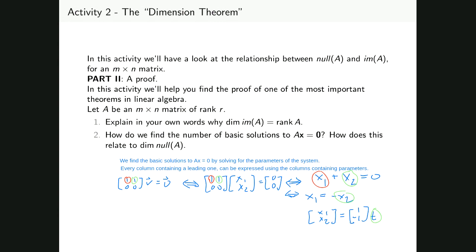Okay, so every column containing a leading one can be expressed using the columns containing parameters. So these give us the basic solutions to the homogeneous system, and the basic solutions span the null space.